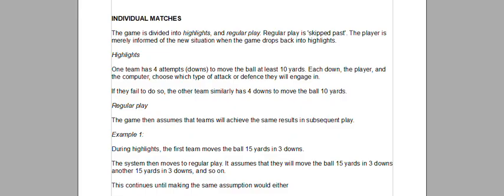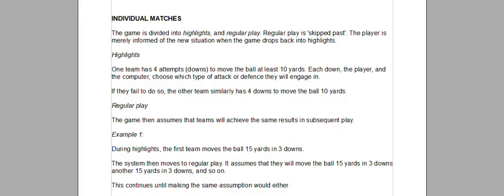That team gets 4 attempts to move the ball, and in that part of the game, we simulate the details. I've decided to call the detailed bits the highlights, and the bits that we're skipping past regular play. So during the highlights, let's say the human player is on the offense.